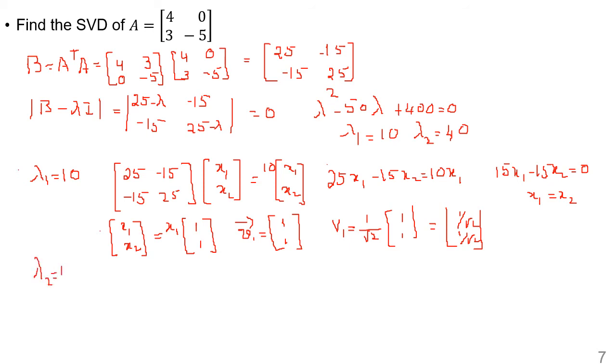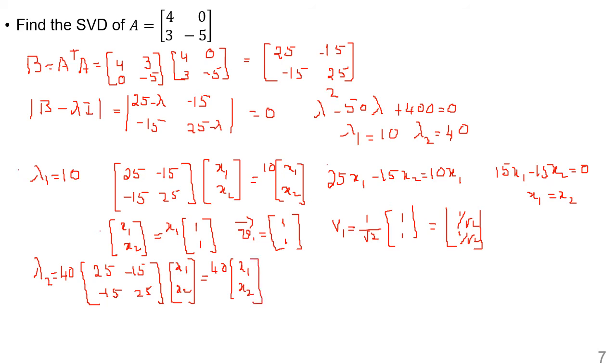Now let us try to find out the eigenvector corresponding to lambda 2 is equal to 40. So we have 25, minus 15, minus 15, 25 multiplied by x1, x2, it is 40 times x1, x2. That gives us 25x1 minus 15x2 is equal to 40x1.